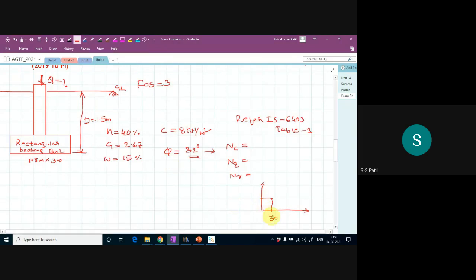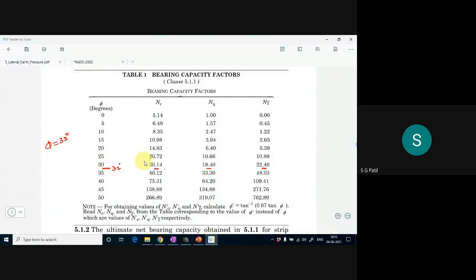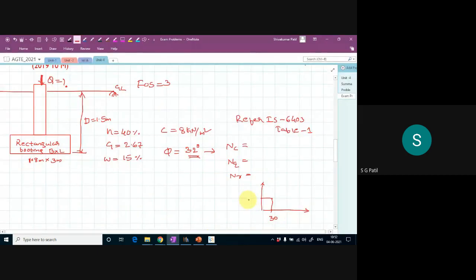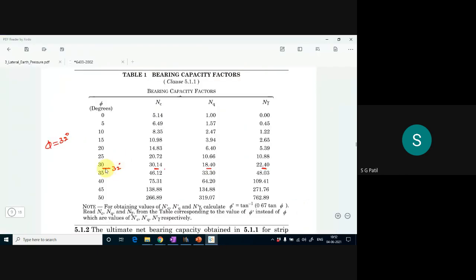So for phi value of 30 degree, what is your NC value? For phi of 30 degree, NC value is 30.14. Let's put it here. And for phi of 35 degree, what is the NC value? For phi of 35 degree, NC value is 46.12.